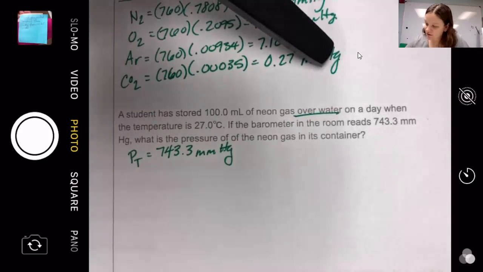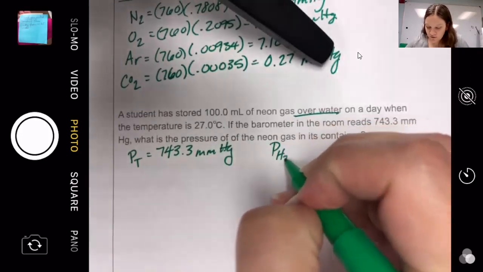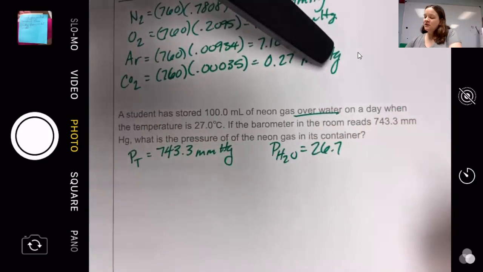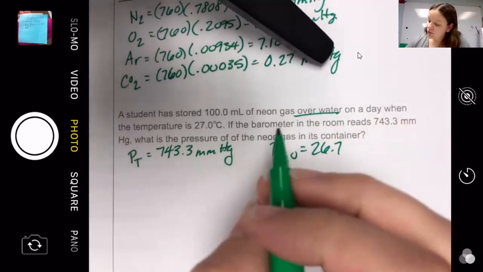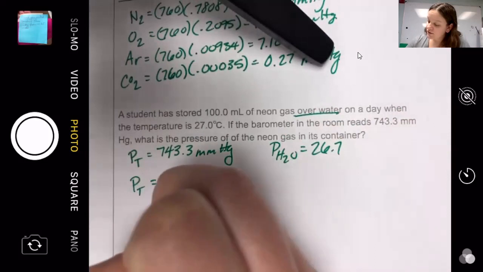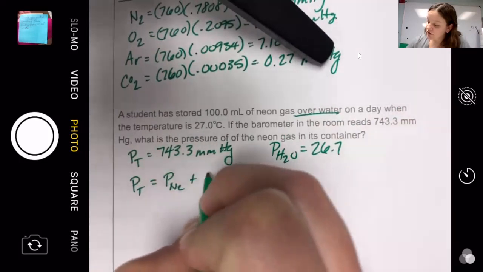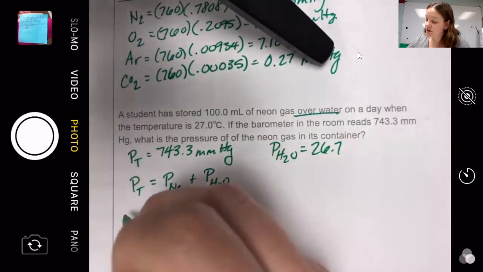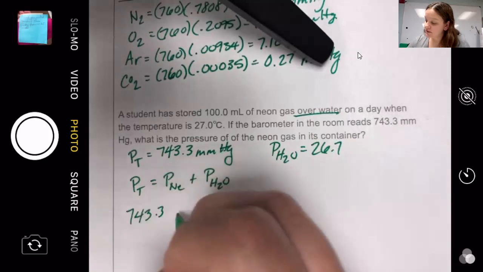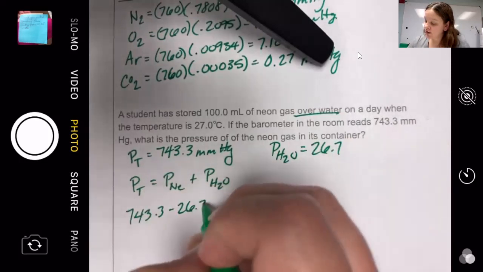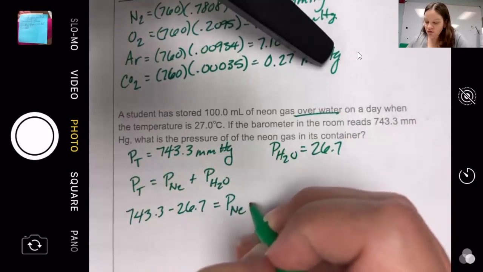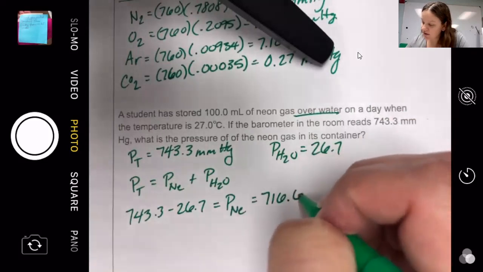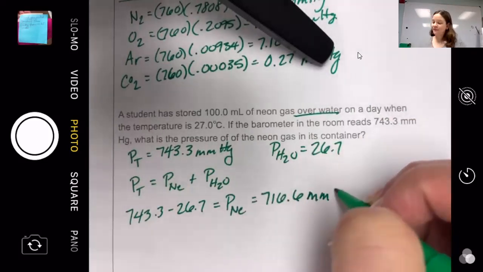So water vapor pressure is 26.7. So my pressure total would equal the pressure of neon plus the pressure of water vapor. So 743.3 minus the 26.7 would give me neon, which is equal to 716.6 millimeters of mercury.